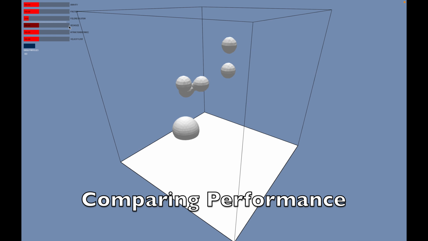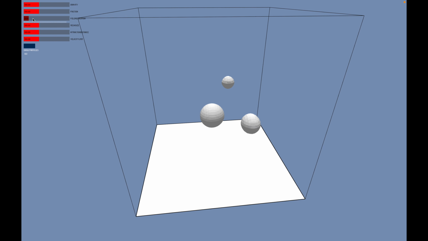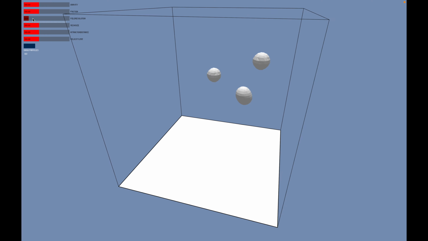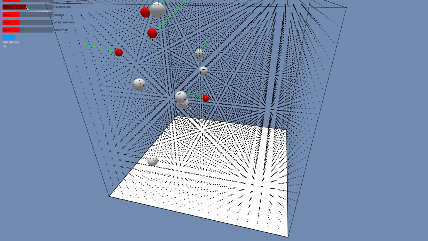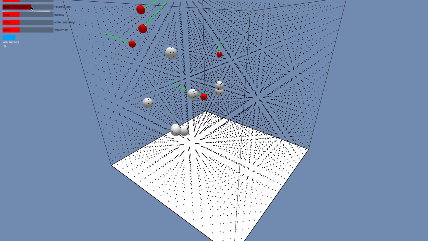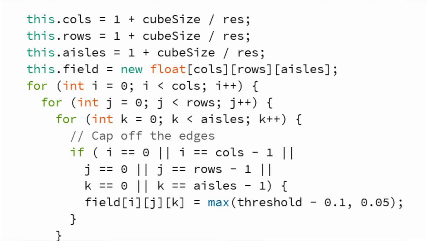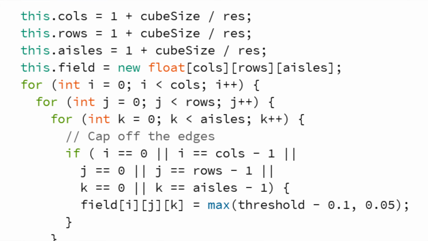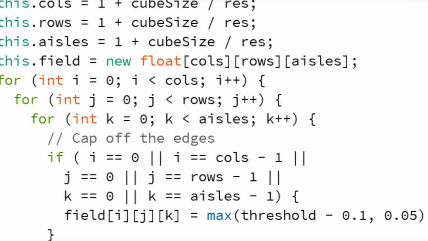When looking at the performance of the system and the algorithm itself, we've got these two variables. So field resolution is our key one. This describes how many cubes we can fit in our entire box. We decide how many rows, columns and aisles we need by dividing the box size by this resolution value.